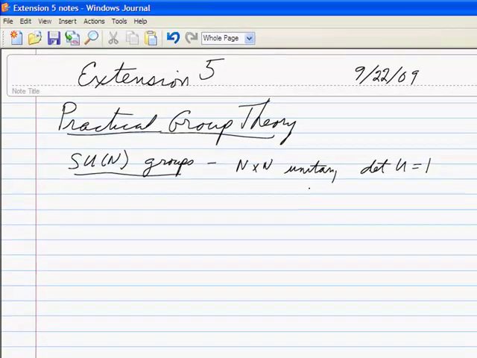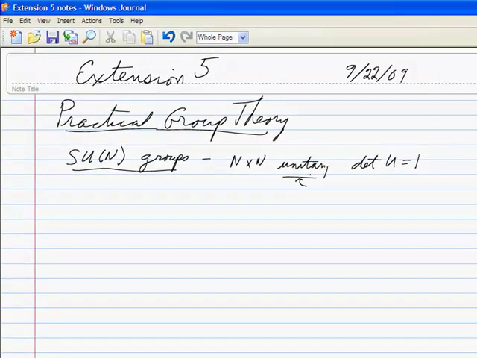That's the unitary part, which is why they're so nice in physics. The n by n just means that they're invariances of n objects. And the determinant equals 1, we'll see what that comes by doing a practical example.